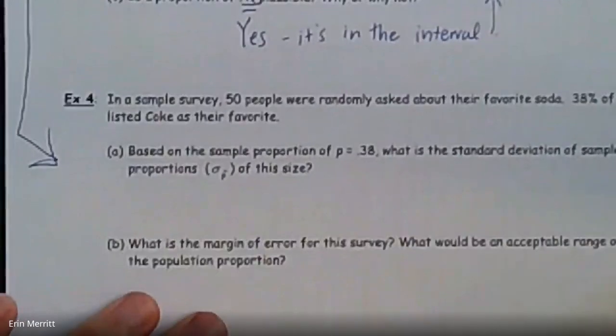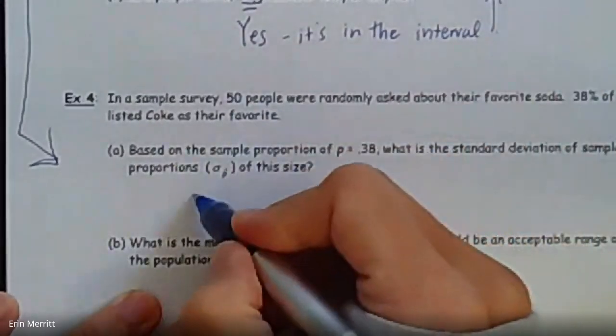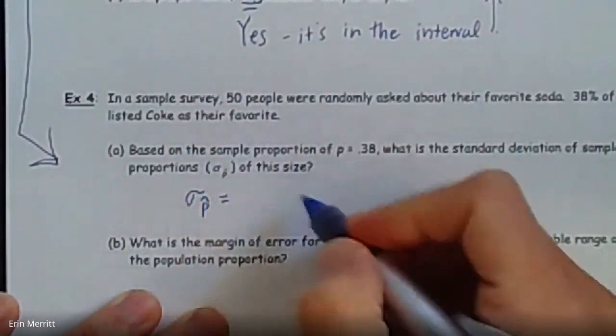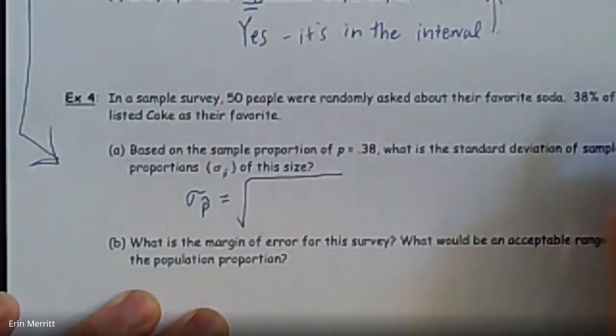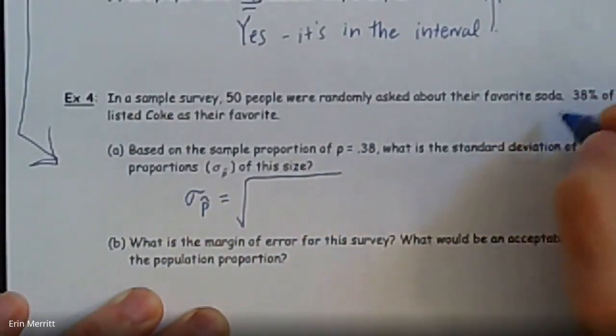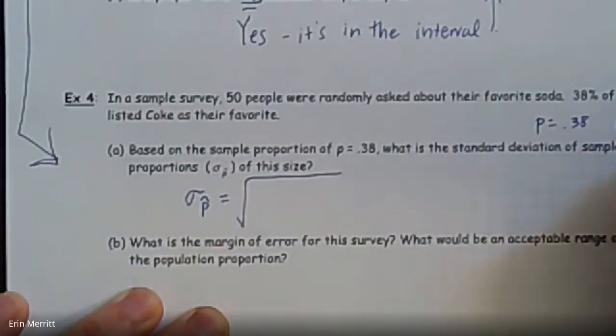Okay. So in this case, we're going to calculate this guy by doing the square root. They said that the proportion is 0.38. So if P is 0.38, then the 1 minus P, that would come out to be 1 minus 0.38, 0.62, I want to say, but right now I don't trust my mental math. Oh, yay.